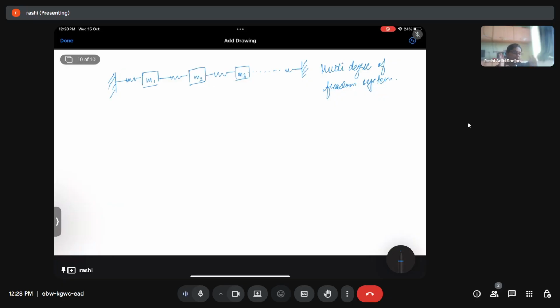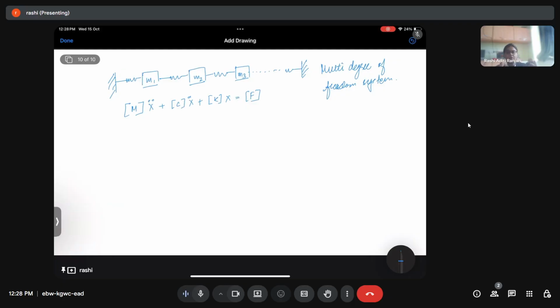So what do we do? We try to write the equation of motion using the matrix form. How? Like this: M x double dot + C x dot + K x = F, right? Where M is going to be what?